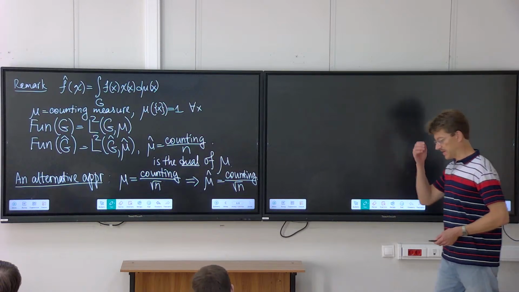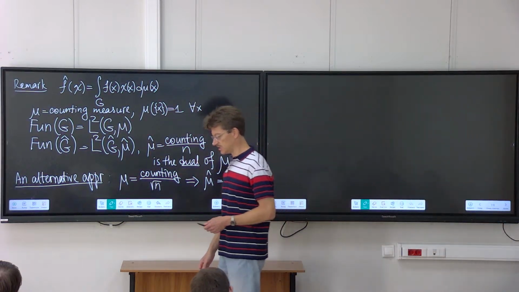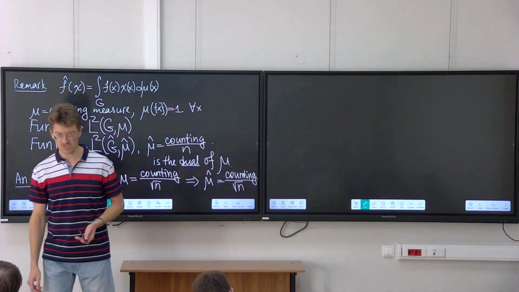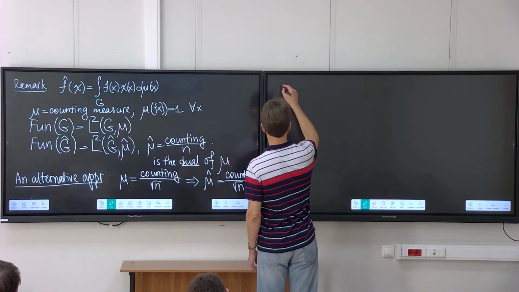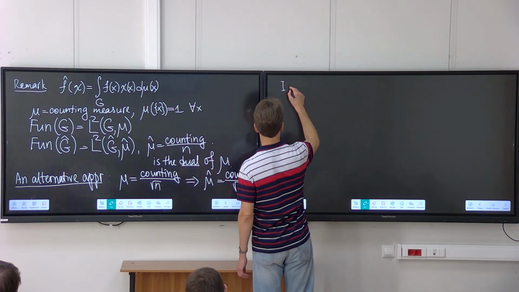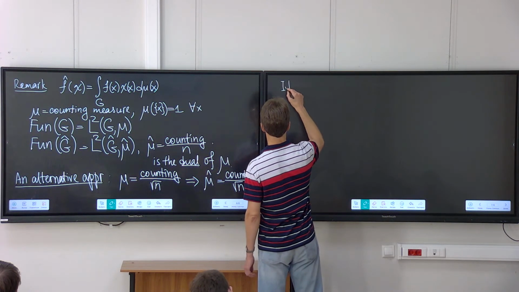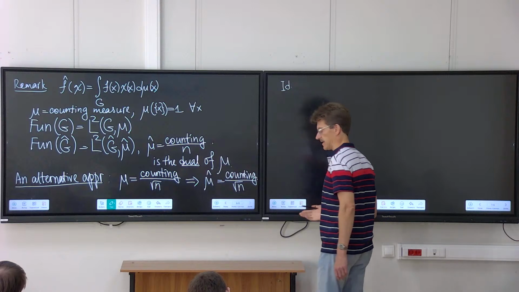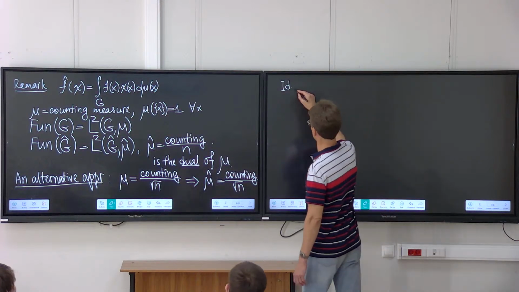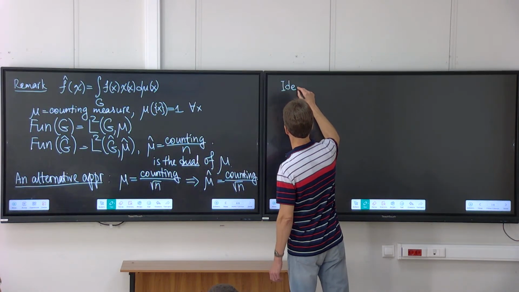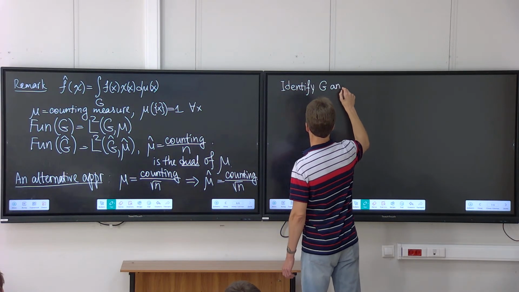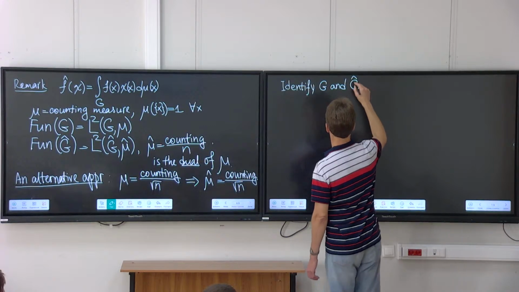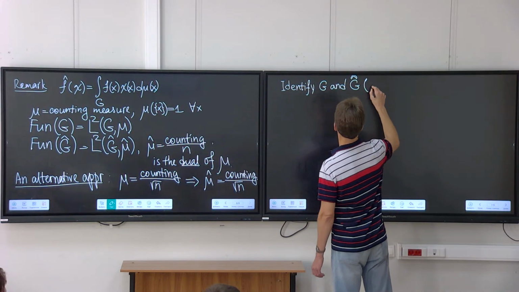Okay, let's now compare the Fourier transform of G with the Fourier transform of G hat. So we already know that G and G hat are canonically isomorphic. So G and G double hat are canonically isomorphic. So let's identify G and G double hat canonically.